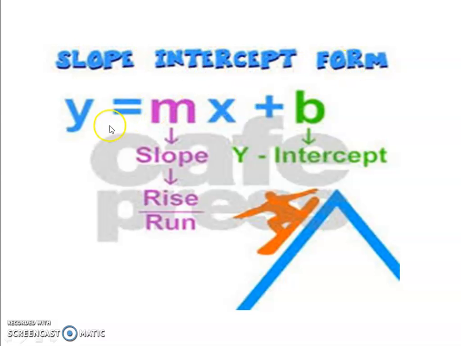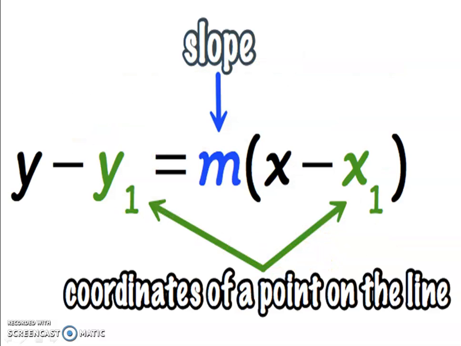In slope intercept form, always remember y is equal to mx plus b, where m is the slope, rise upon run, and b is the y-intercept. Our slope point form equation is y minus y1 is equal to m in bracket x minus x1, where m is the slope and the coordinates of the point on the line are x1, y1.